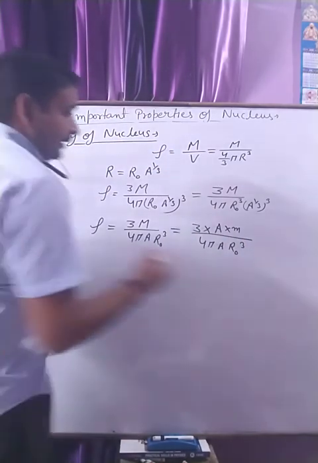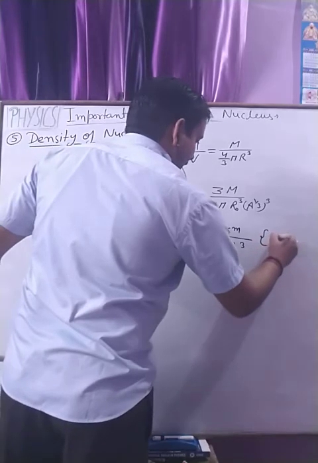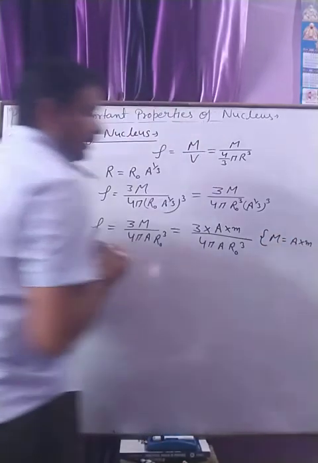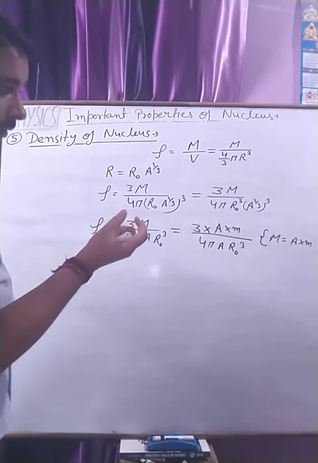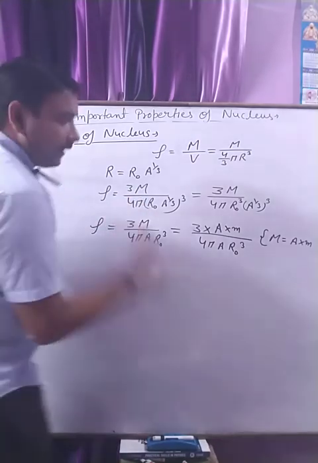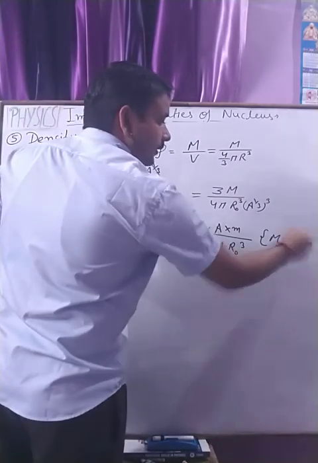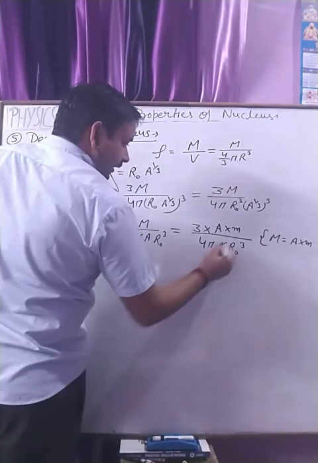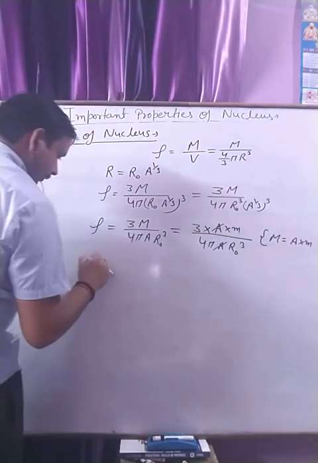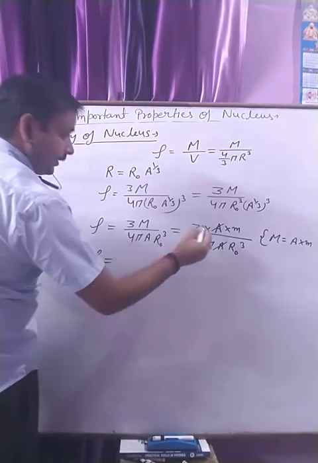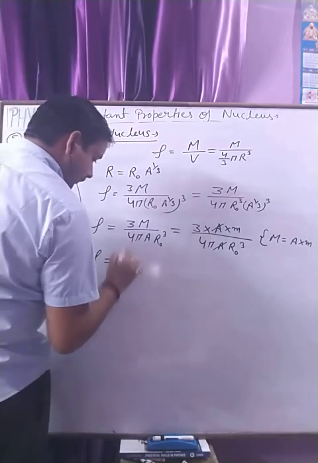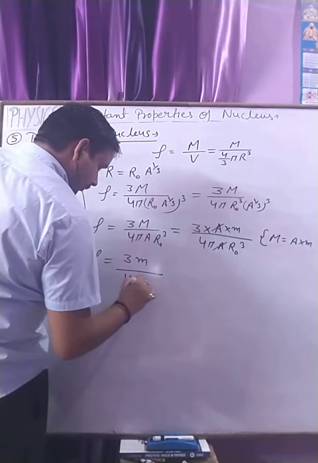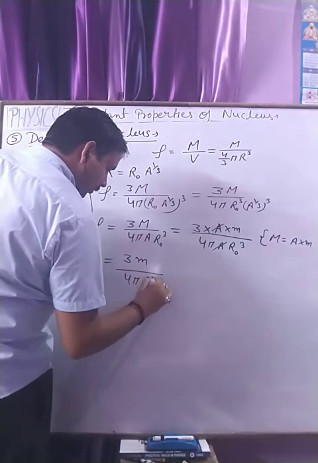Here capital M is equal to A into small m, where m is the mass of that atom and A is the mass number. Okay, so this A will cancel and we get the value of the density of nucleus as 3m upon 4 pi r naught cube.